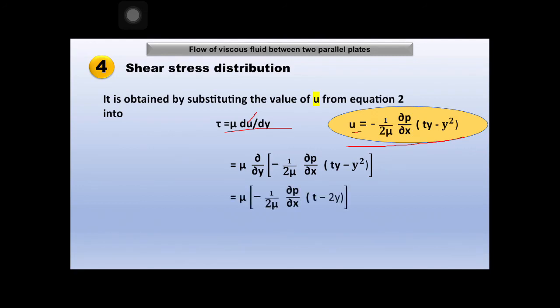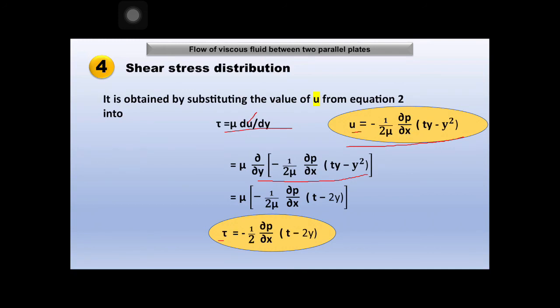So we differentiate this equation with respect to y, and we get the shear stress is equal to mu into (minus 1 by 2 mu into delta p by delta x into (t minus 2y)). So the final equation for the shear stress distribution is tau equal to minus 1 by 2 delta p by delta x into (t minus 2y).